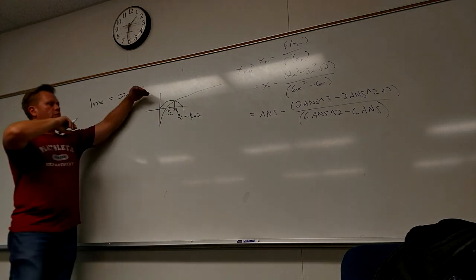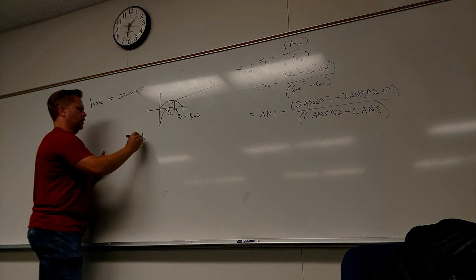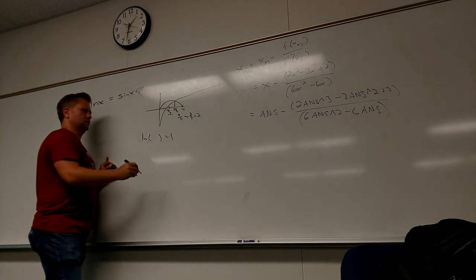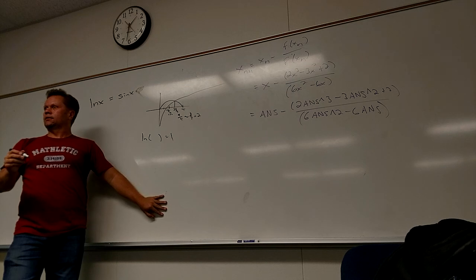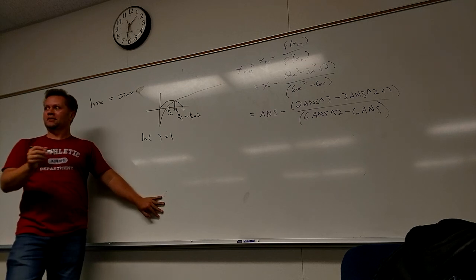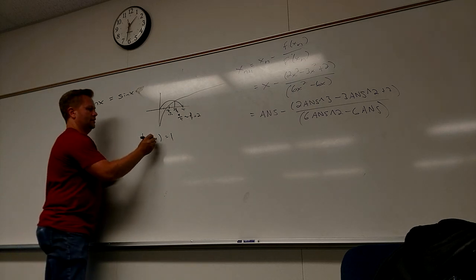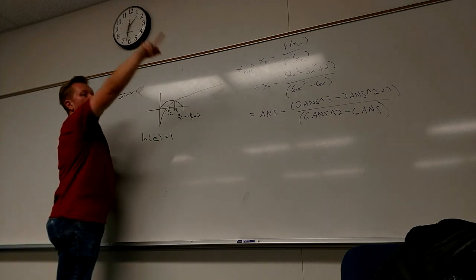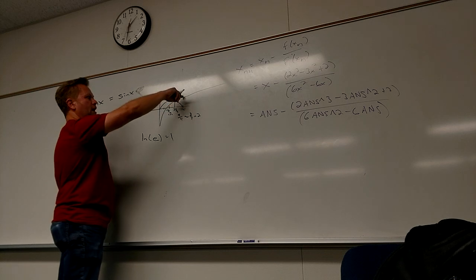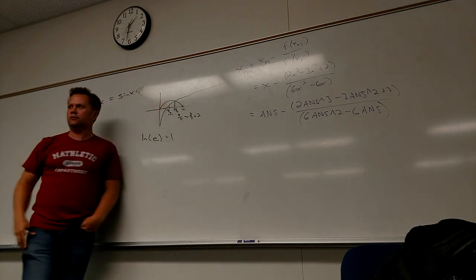In fact, where is the output 1 for ln? ln of what is 1? E, right? ln of E is 1, and then it goes up from there. So at the time it's at pi, it's above sine forever.